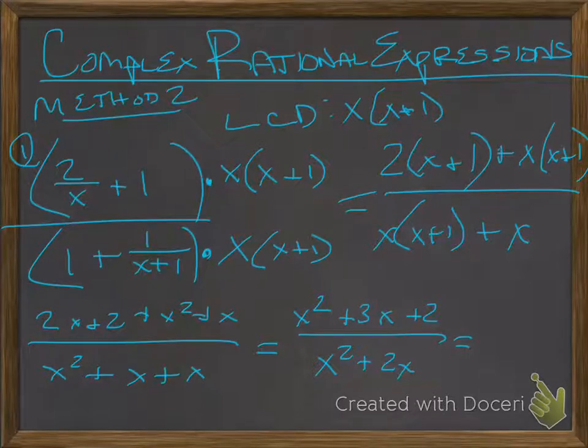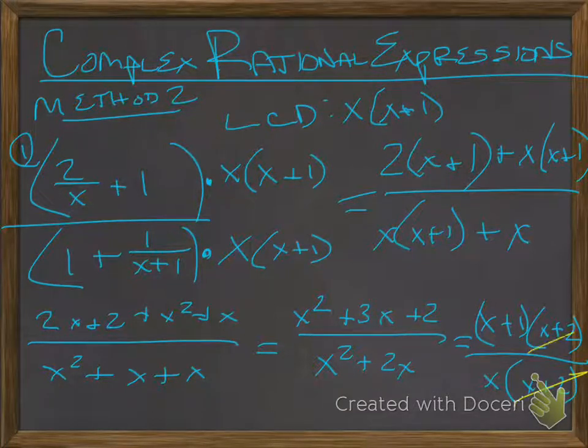And now you factor and simplify, and when I factor, this becomes x plus 1 times x plus 2 over x times x plus 2. And what happens? My x plus 2's can cancel out.